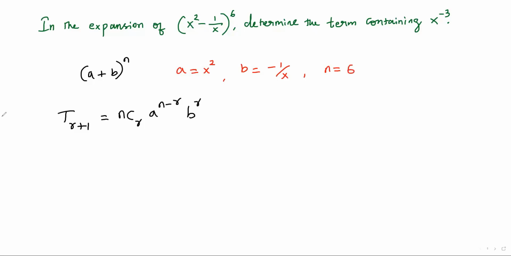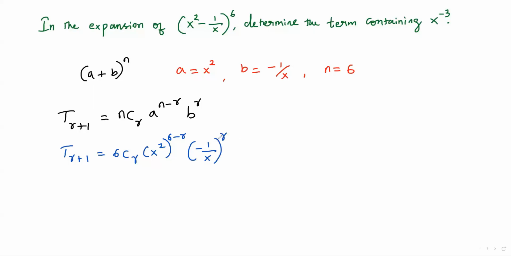Okay, let's plug these values into this formula, I mean the (r+1)th term formula. That is T(r+1) is equal to 6Cr, and for a we have x squared to the power 6 minus r. For b we have negative 1 over x to the power of r.